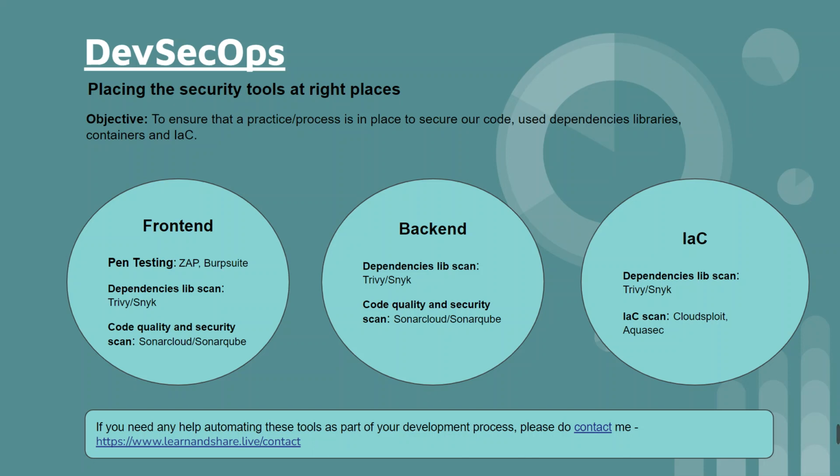We should also focus on other portions like pen testing, how we can perform scans on the dependent libraries that we are using as part of our code base, and what additional secure steps we are taking to perform the scan on the infrastructure as code side, right? So that also we should think about.